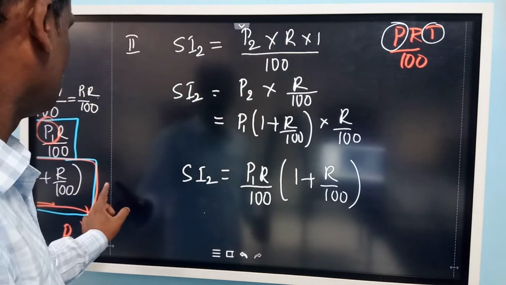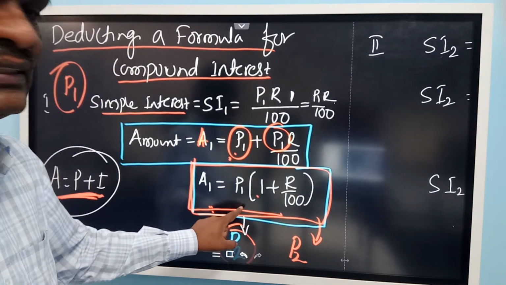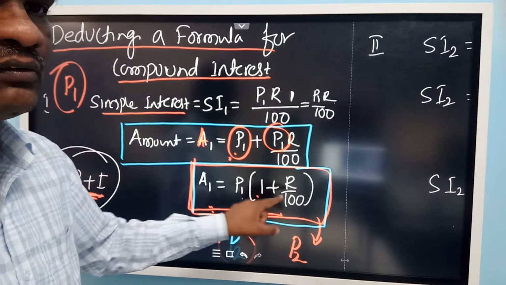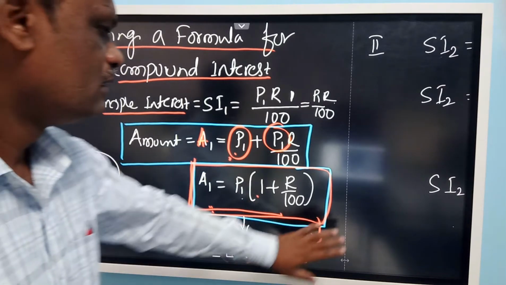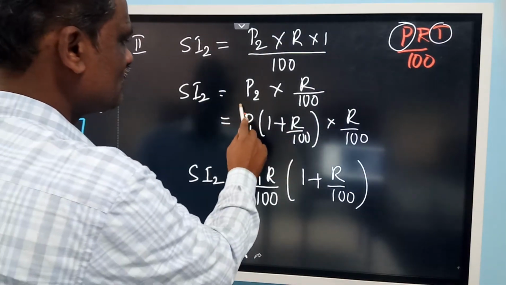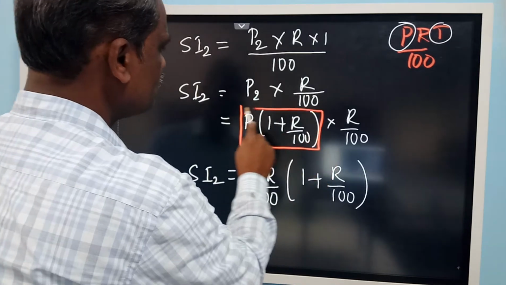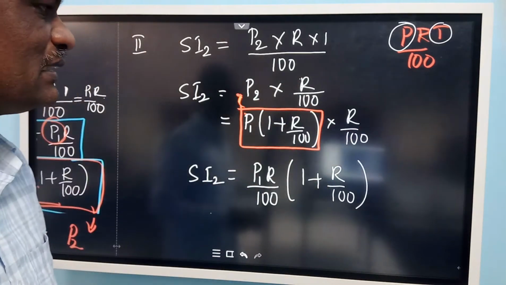But P2 is this. P2 can be written as P1 into 1 plus R by 100. Can we write like this? So in place of P2, you can write this one. This is the value of P2, and R by 100 I have written as it is.